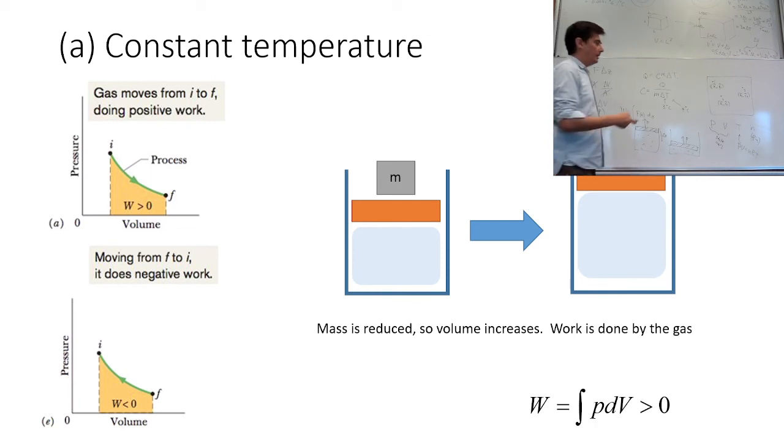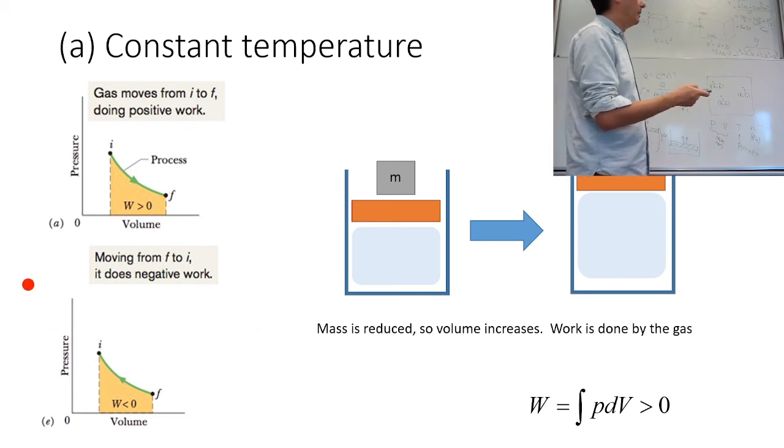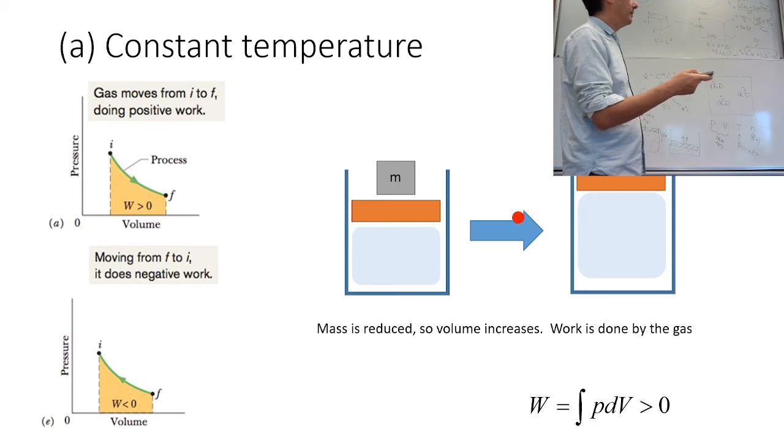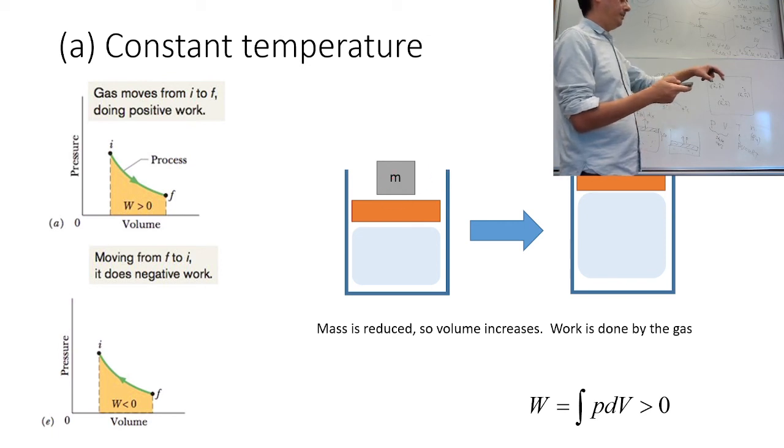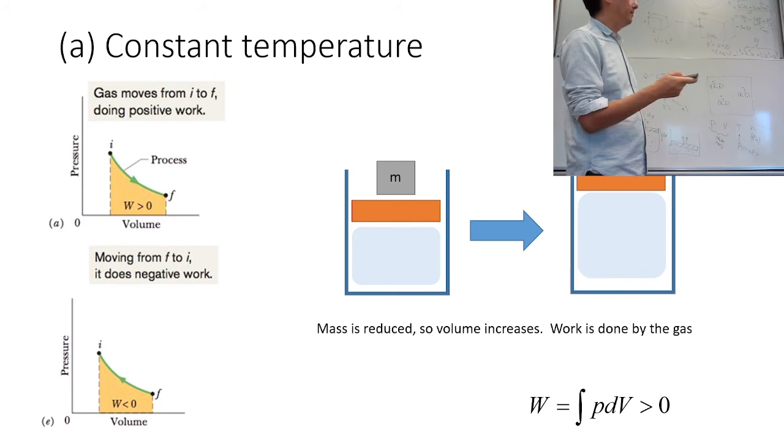But in this case, we're starting from a small volume, high pressure, going down to large volume, small pressure. So certainly it's expanding. So we draw a piston that's expanding, like this, and that would happen, for example, by replacing this mass that you have with a smaller mass, right?